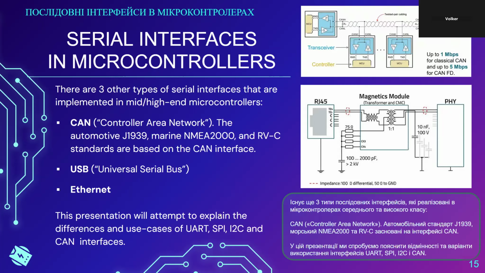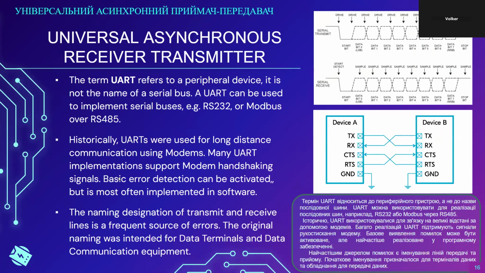This presentation will explain the difference in use cases of UART, SPI, I2C, and CAN. And again, in this case, not USB, not Ethernet. We can talk about that later in a different presentation if there is interest. I'm starting with the UART device. The term UART refers to a peripheral device. It is not the name of a serial bus. It is a peripheral device inside a microcontroller.